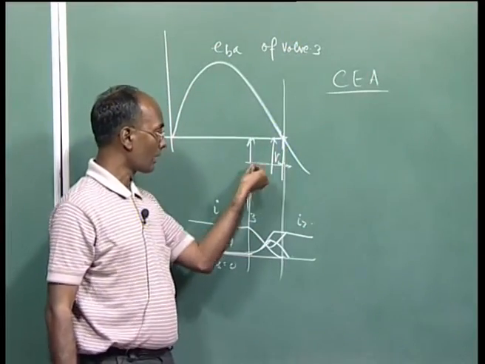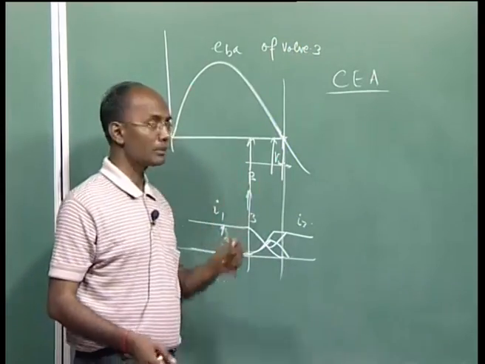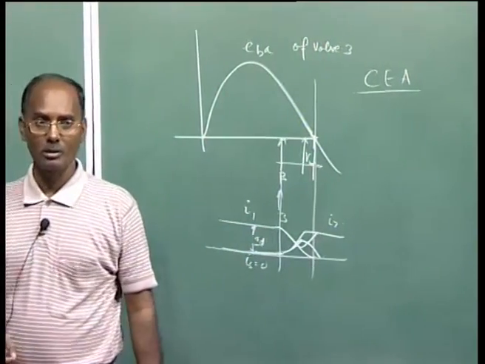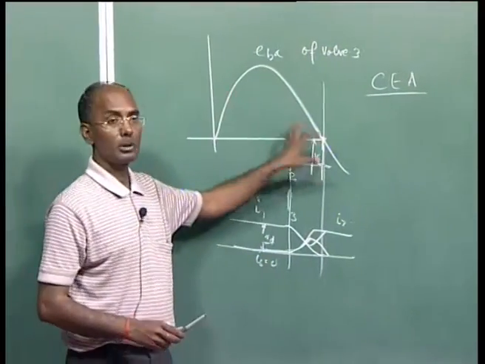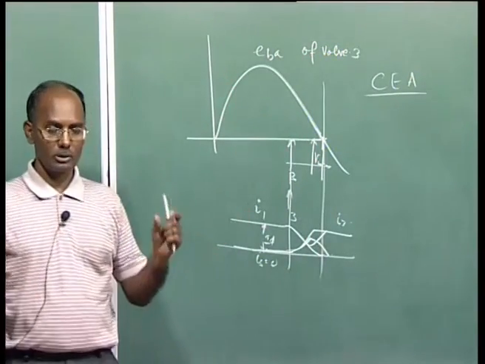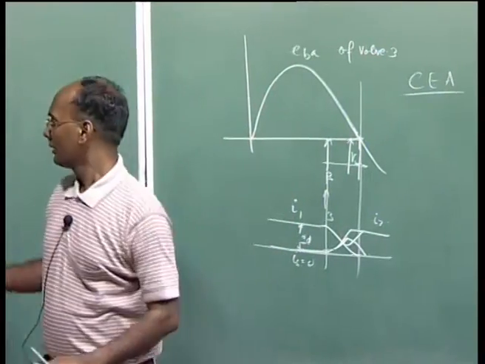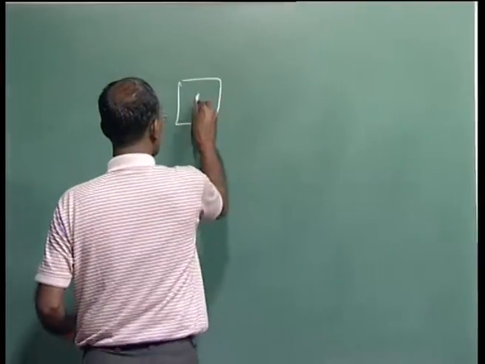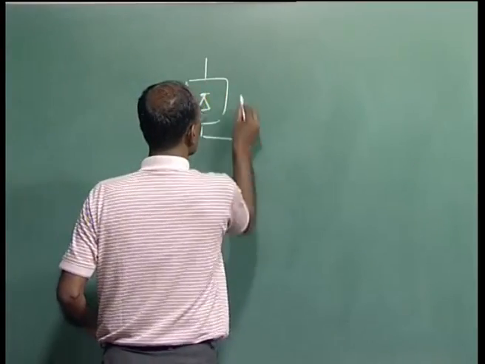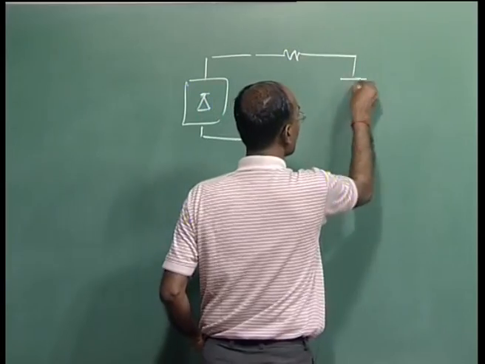To maintain this, we calculate beta based on the extinction condition, but there is a possibility that the current in the valve increases not due to this side but due to a problem in the converter on the other side, because the current in the DC link is basically the voltage difference between inverter and rectifier. Here this is your rectifier circuit, this is the resistance of the line, and this is your inverter.